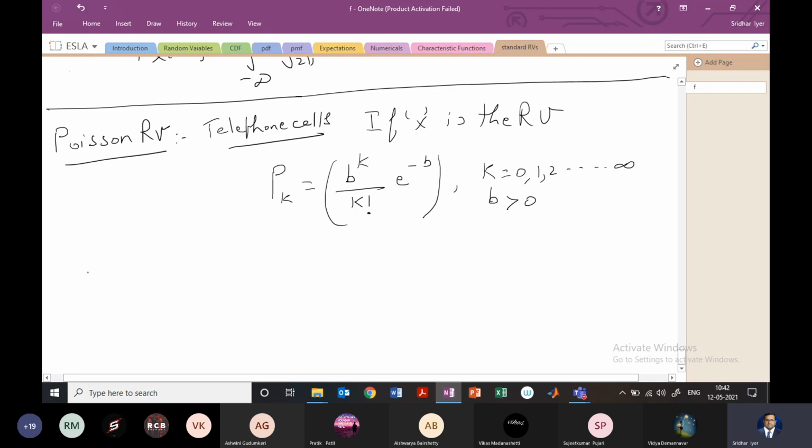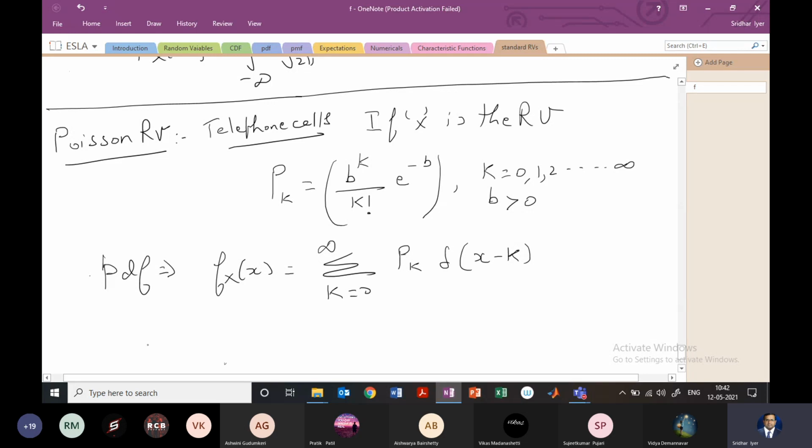The PDF of this random variable, that is fx of x, will be, since it is discrete, a summation for k equal to 0 to infinity of p subscript k times the impulse function delta of x minus k, where x is the random variable value and k is from 0 to infinity.